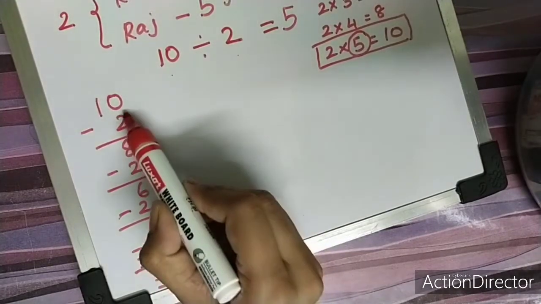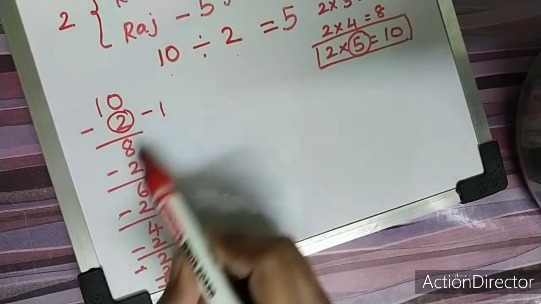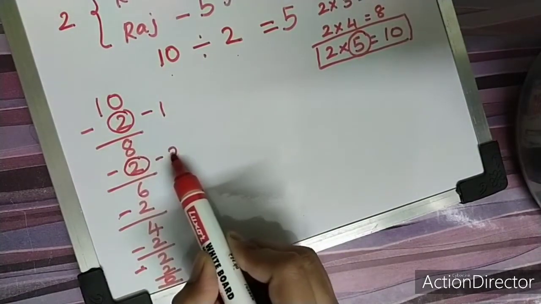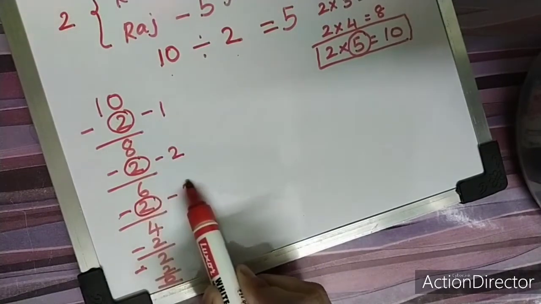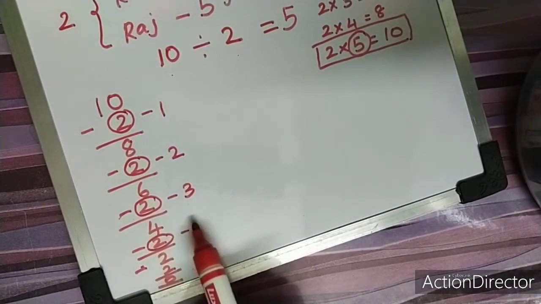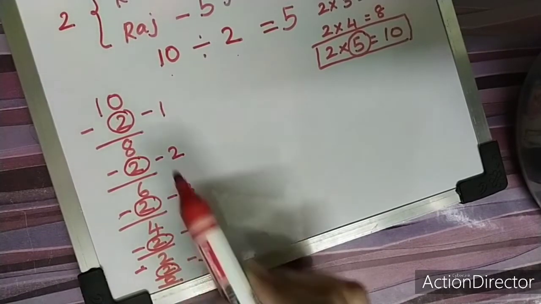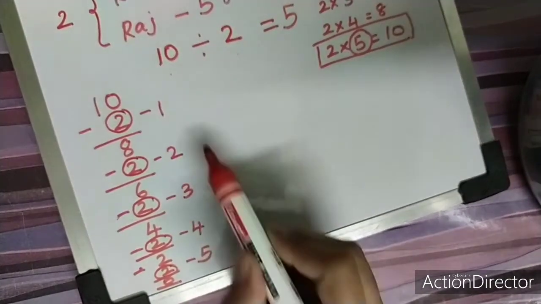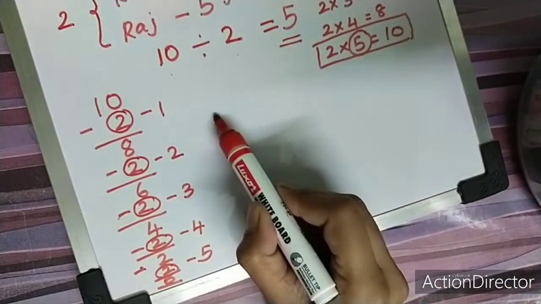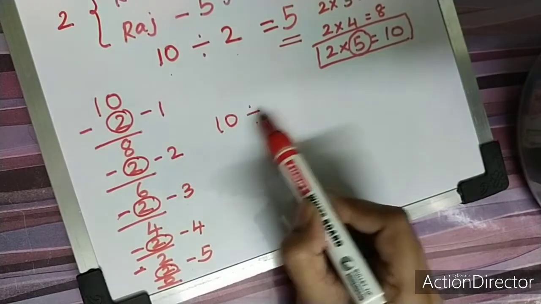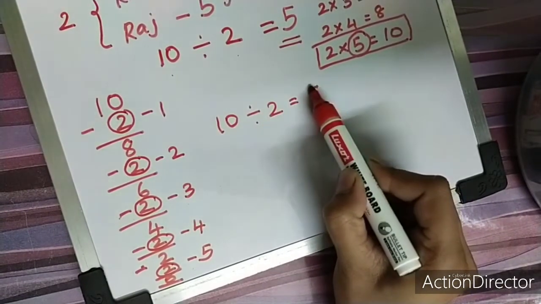So how many times did I use 2? 1 time, 2 times, 3 times, 4 times and 5 times. So how many times have you subtracted 2? 5 times. So the answer is 5. So 10 divided by 2 is 5.